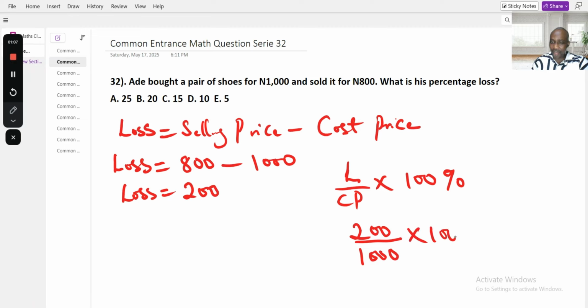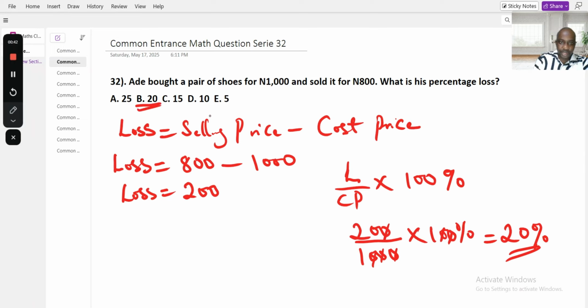Multiply by 100 percent. Cancel the zeros. What remains here is 20. So 20 times 1 is 20. Our final answer is 20 percent loss that Ade made. Do we have 20 here? Yes, B. Our final answer is B. Let's move to the next question.